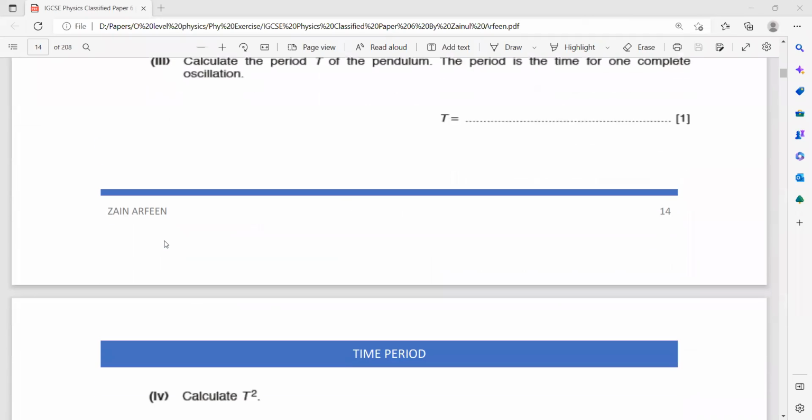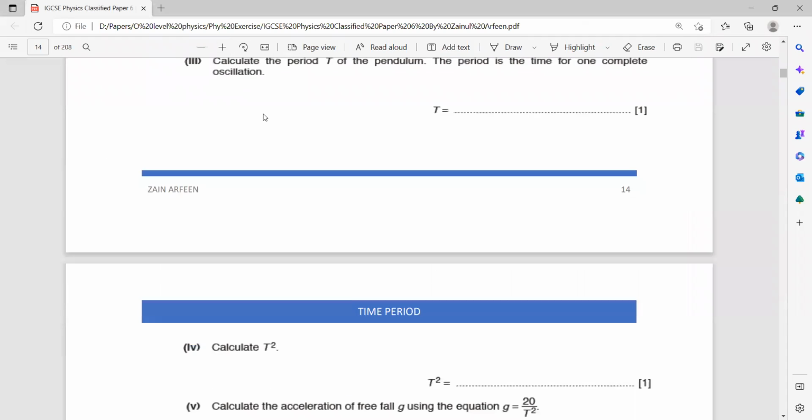Then t square. t was 1.406. What will be t square? The square of this number. 1.9768.